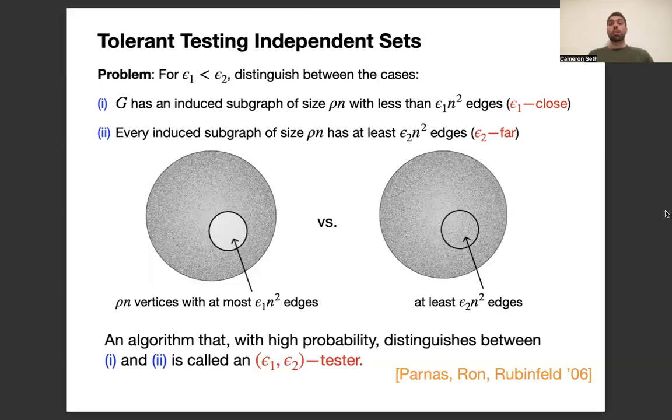So this is the epsilon 1 close case, and the epsilon 2 far case, which is the same as before. So again, we can picture the yes case as there's some sparse subgraph, and the no case says that every subgraph is sufficiently dense. And an algorithm that can distinguish between these two cases with high probability is called an epsilon 1, epsilon 2 tester.